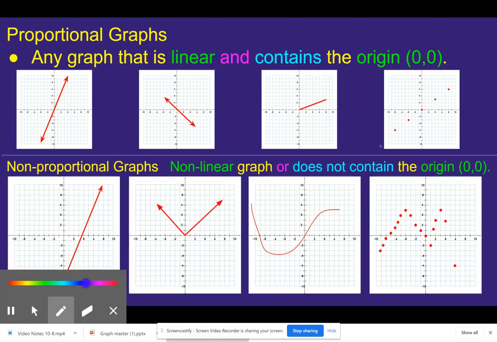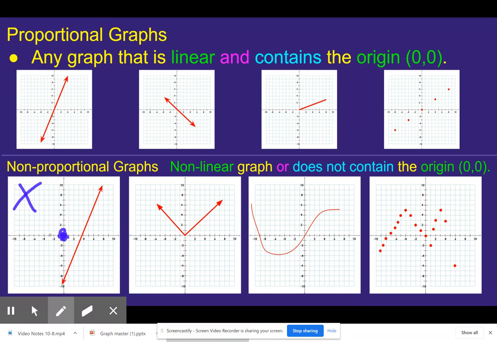So let's compare our proportional graphs and our non-proportional graphs. You can see on this first one, my origin's over here. Yes, it does qualify as a straight line. It is a linear function, but it is not a proportional linear function, because it does not go through the origin.